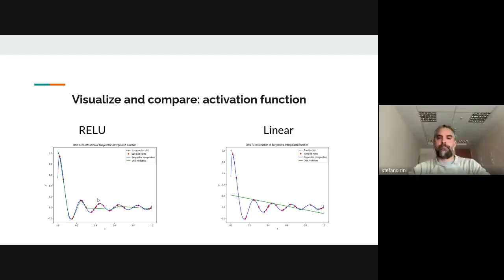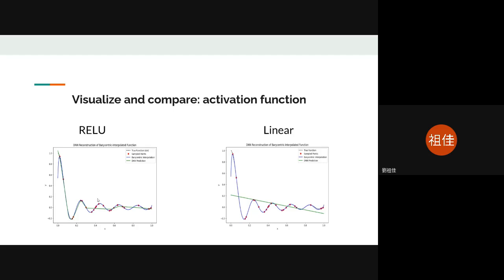Yep. Yeah. So the initial setting is the ReLU function. So it looks like this. And next we use the linear activation function throughout, so it basically is a linear approximation model. Yeah. Good.